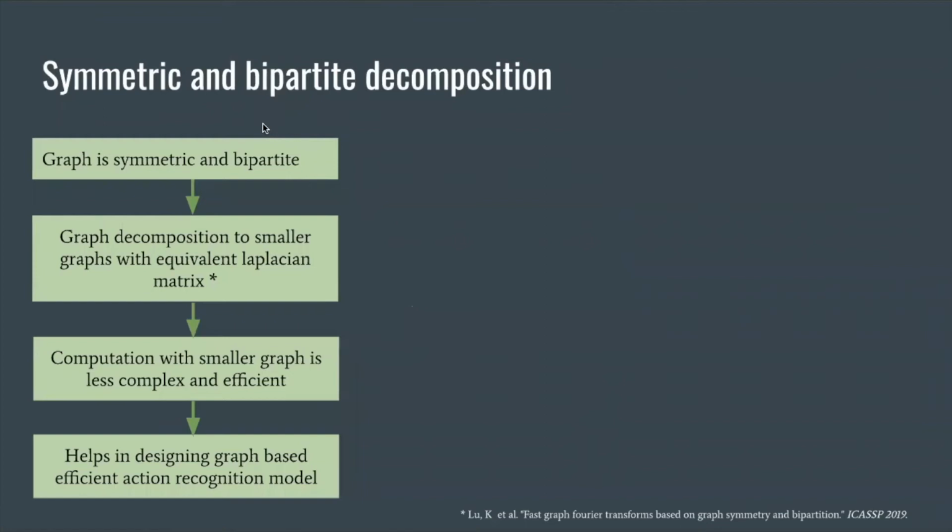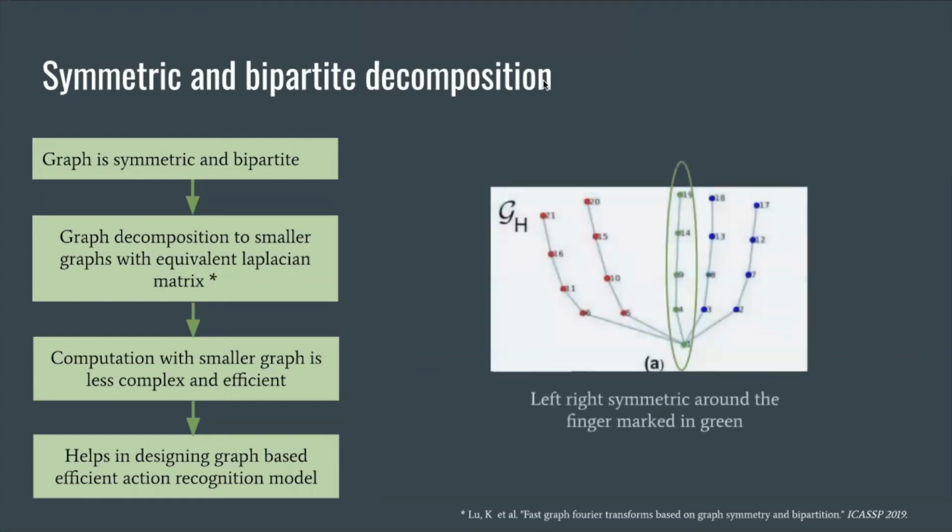So if a graph is symmetric and bipartite in nature, Liu and Ortega proposed that it can be decomposed into smaller graphs with equivalent Laplacian matrix. And if we work with these smaller graphs, the computation is much less complex and efficient. Our hand graph is also symmetric around this green finger, and we will use this property for decomposing the hand graph into smaller graphs.